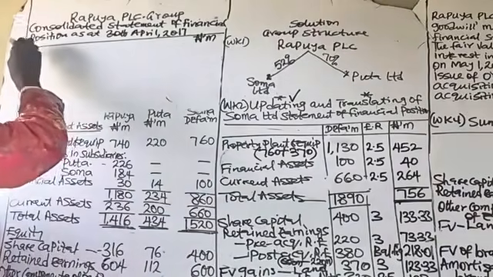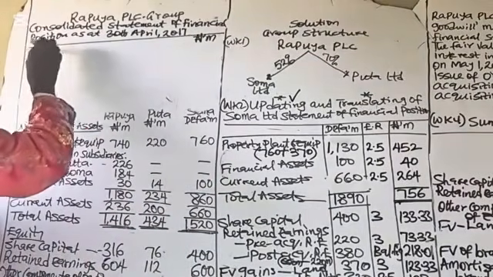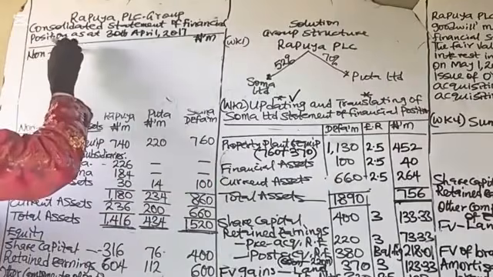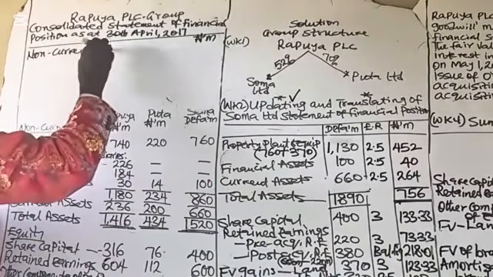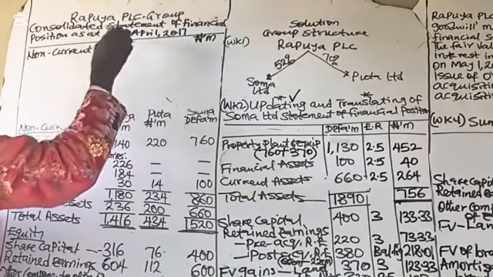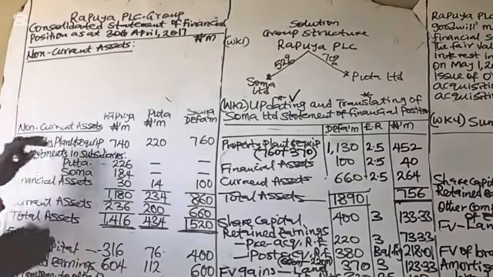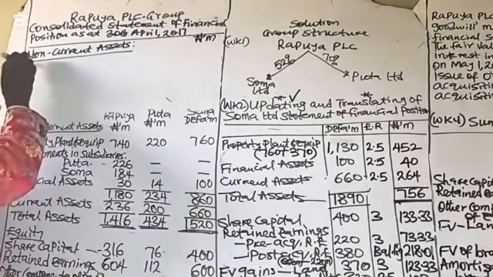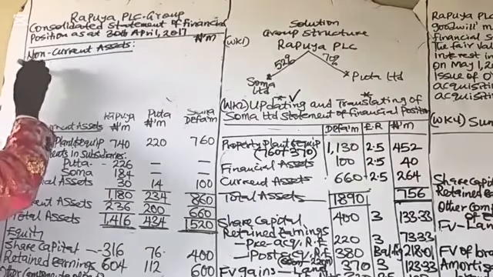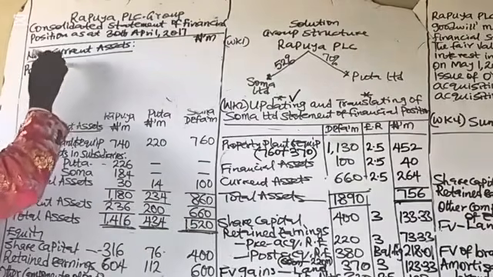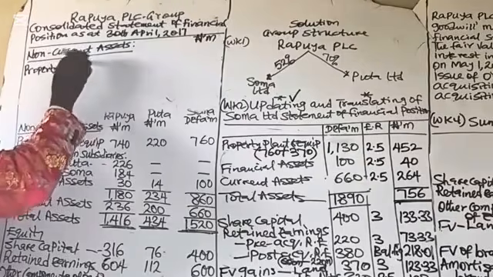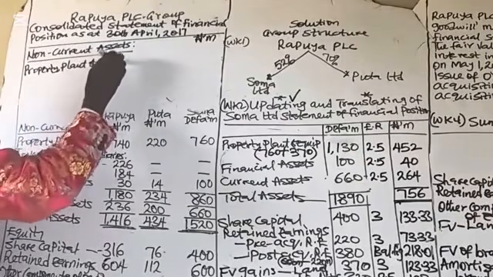So we are starting with the non-current assets. The non-current assets, we have property, plant, and equipment.